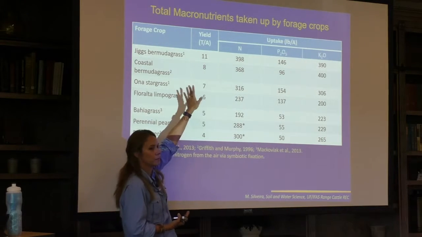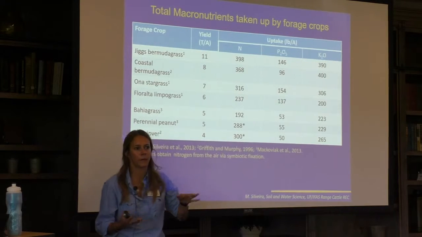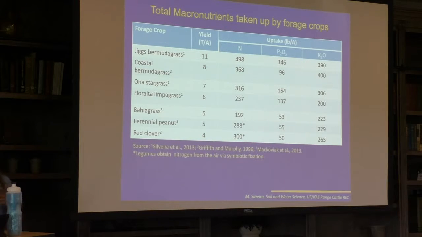So if you manage a Bermuda grass pasture the same way you manage a Bahia grass pasture, you probably end up with a not very successful Bermuda grass field. Whether it's mechanically harvested or grazed, the nutrient management should be specific to that particular species.